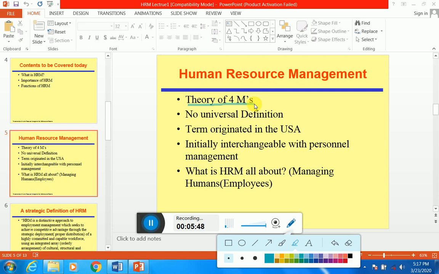Later on, it was discovered that these 3 M's, money, material, and machines, did not fully contribute. There must be another M as well. So upon practice, they introduced a new M called manpower. What happened with the term manpower?